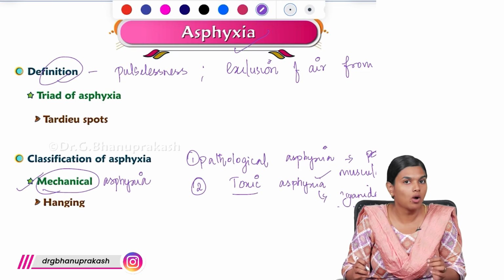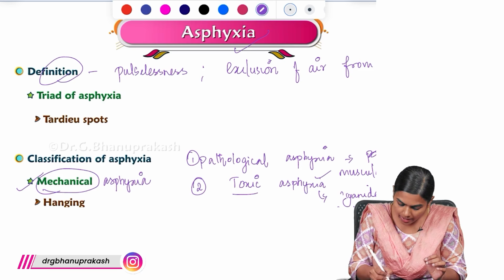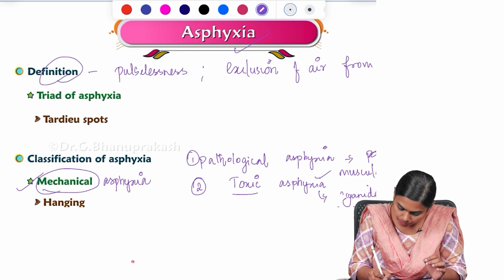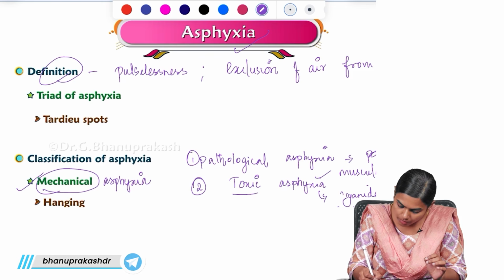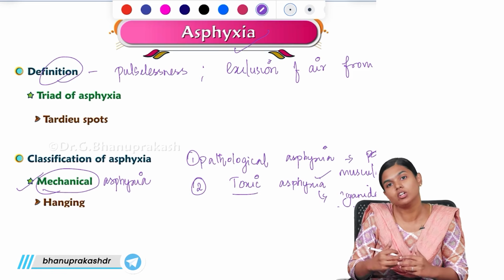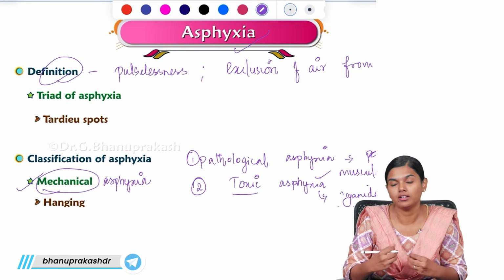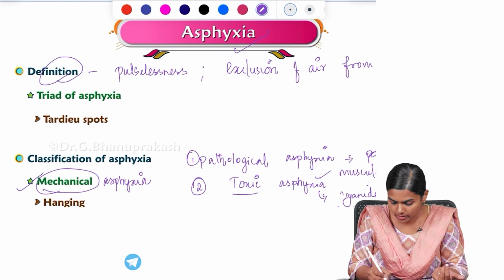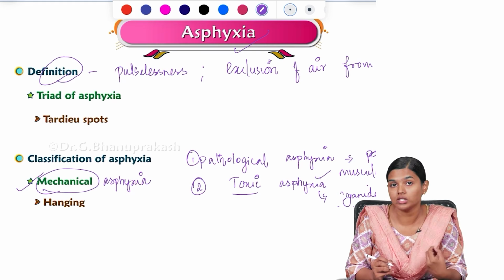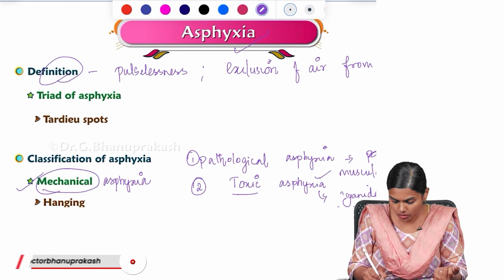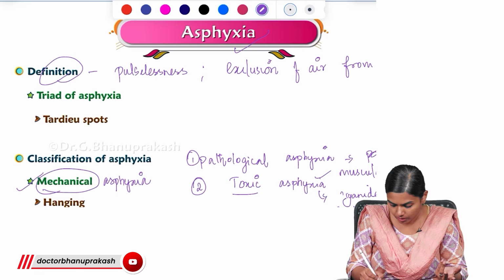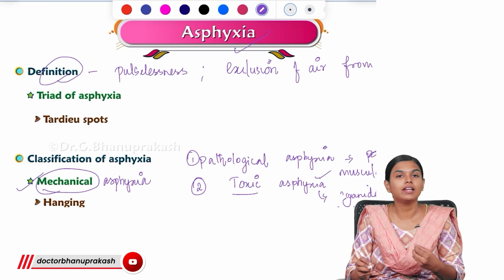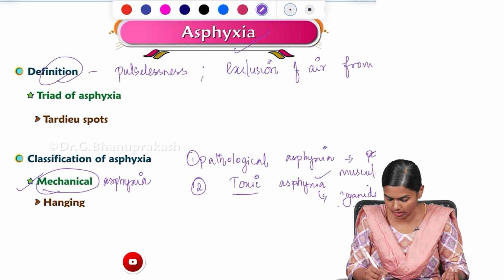Next, we have one more asphyxia, that is environmental asphyxia. Just looking at the term you can guess: environmental factors are leading to asphyxia, that is anoxia. One such factor is sewer gas, that is hydrogen sulfide, when there is an excess of irrespirable gases.